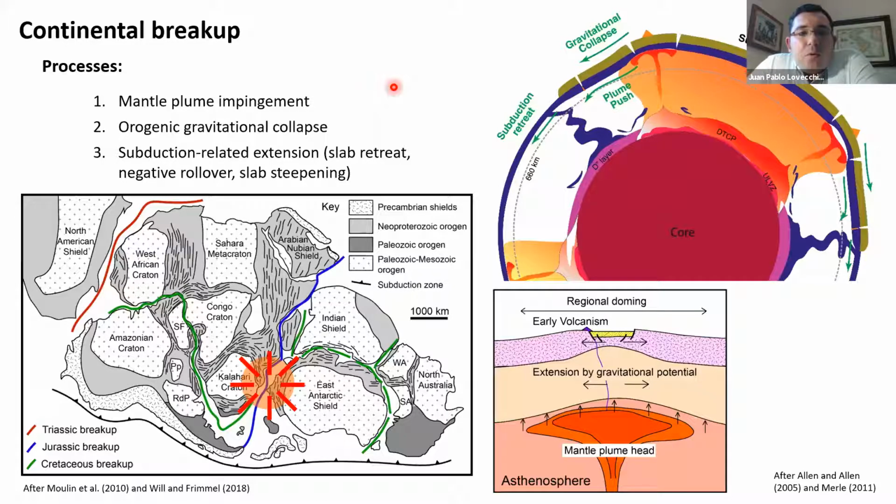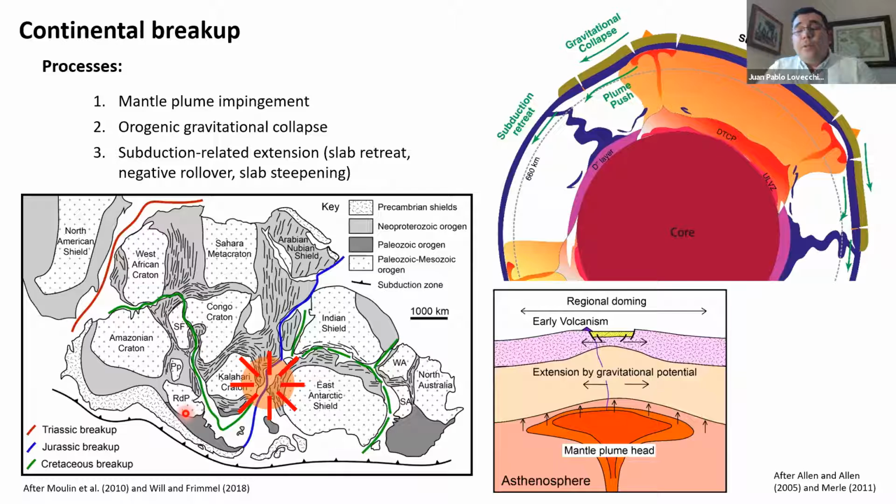So this can produce extension either in the proximal retroarc, or as far as 1,000 kilometers, depending on the depth of the mantle convective cell.